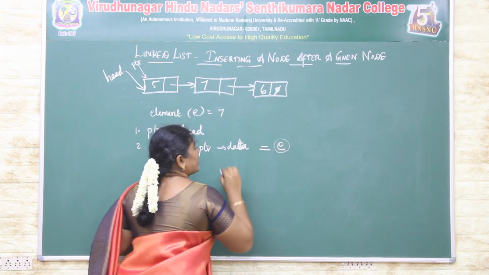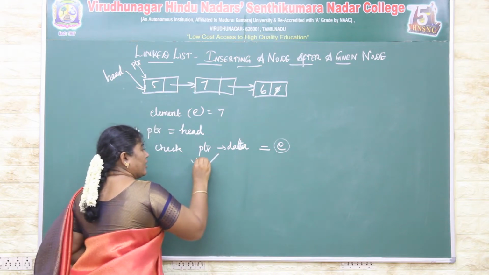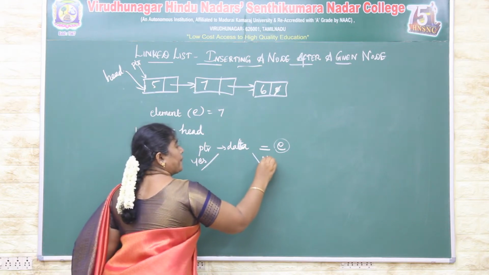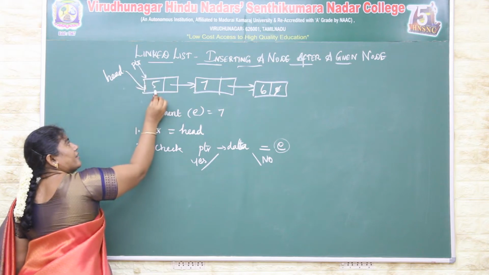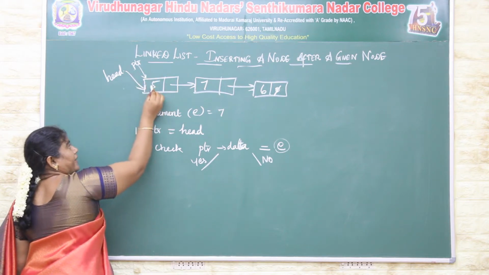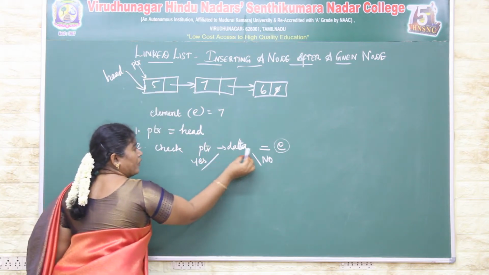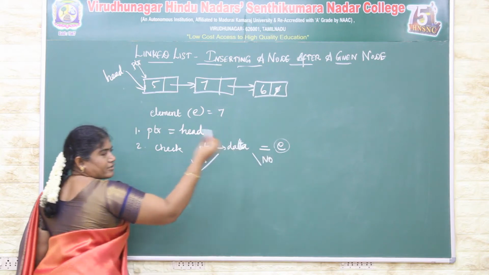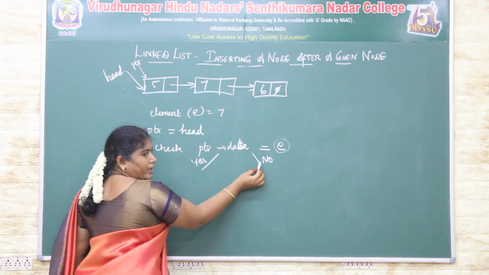My element is 7. Is 5 equal to 7? No. So if it is no, what do I have to do?